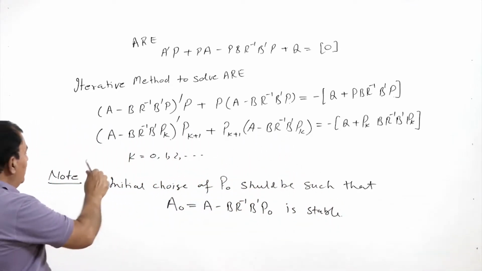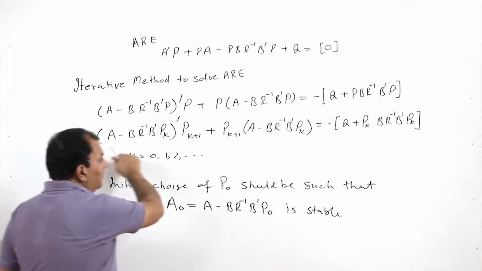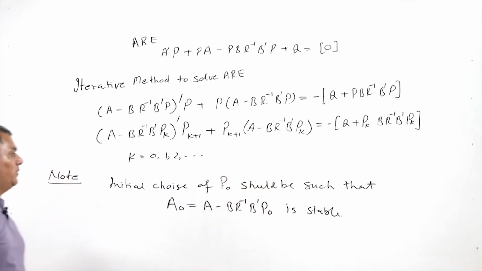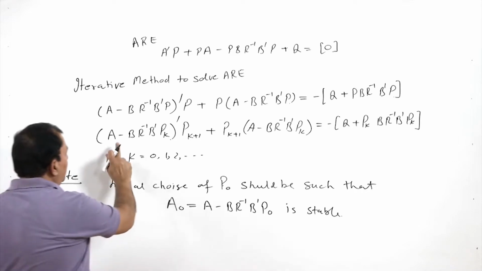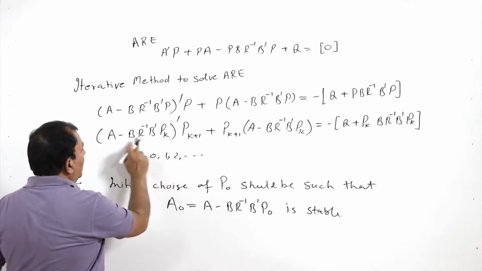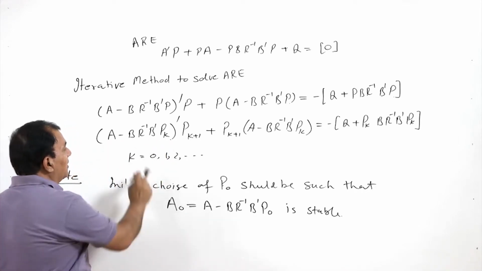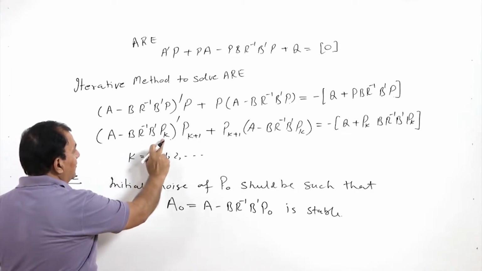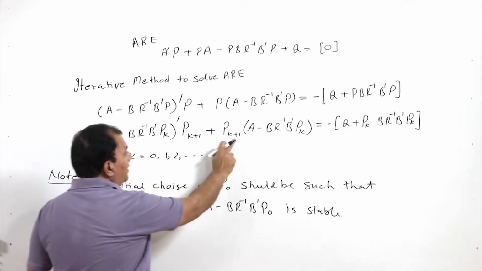So, what we are saying, we have written this as my iterative equation. This means for k equal to 0, that will be my first choice; when k equal to 0 I am finding the P1.